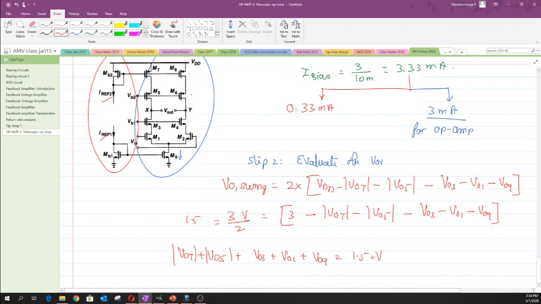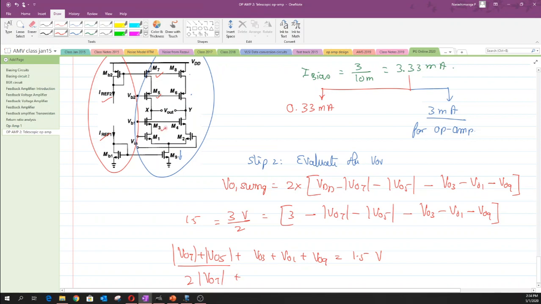Now in this case we know that the transistor M5 as well as M7 carries the same current, and if we assume that the VOVs are the same for both these structures, then one could add these two up to a single value equal to twice the value of VOV 7.